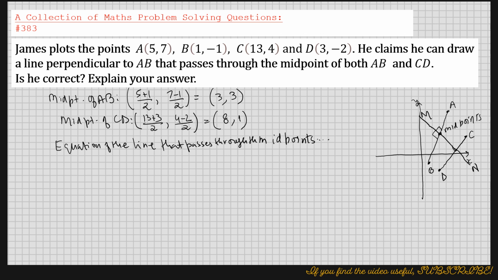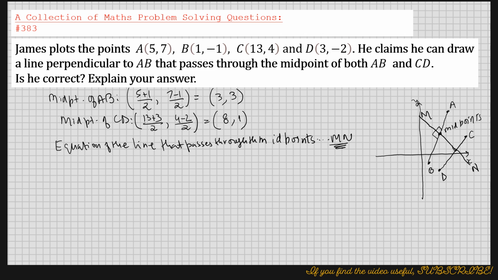Oh, you know what I'm thinking? Do we really need to find the equation of the line, or would it be enough if we found the slope or the gradient of that line MN, the midpoints, because we already got the two points?